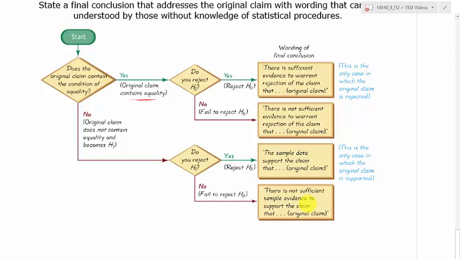I do believe that this table is included in the formulas. Being able to make this statement shouldn't be too bad, because you should be able to just look it up. These two are if the claim is in the null hypothesis, and these two are if the claim is in the alternative.